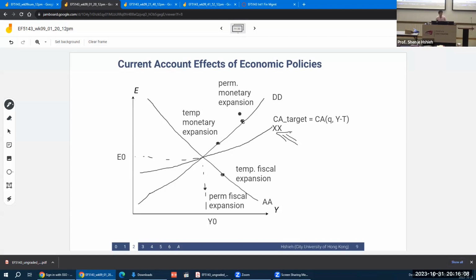So let me tell you what I did first. I first drew the DD schedule along with an AA schedule. And we have an intersection point. Let's assume that's our starting point. And let's assume that this country has satisfied or hit their current account target, which is this line here, okay? The XX schedule. So why is it less sloping? Well, you can analyze this in this fashion.